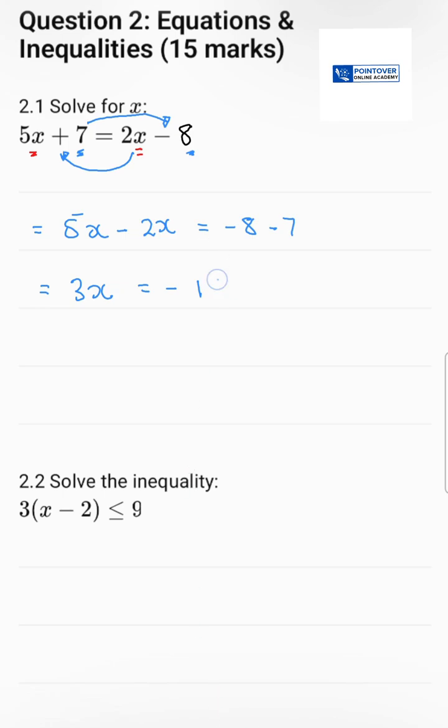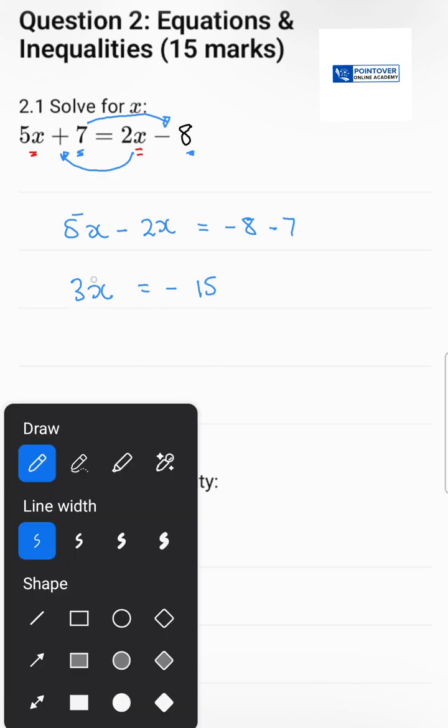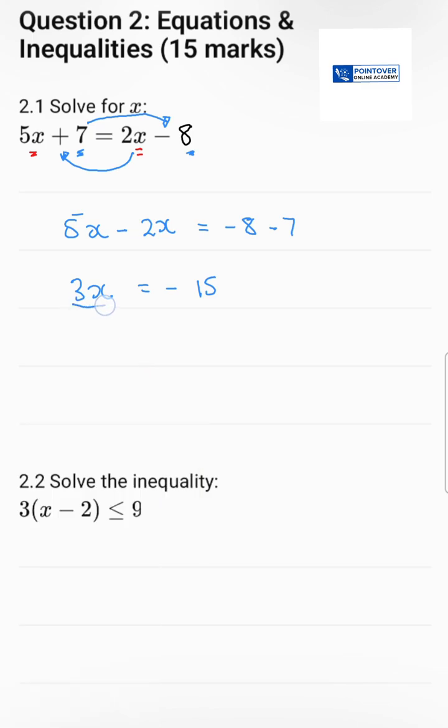Let me write my 5 properly. It looks like an 8. Now, since we have this, what we're supposed to do is divide both sides by the coefficient of 3, so that we can isolate x, or make x the subject of the formula.